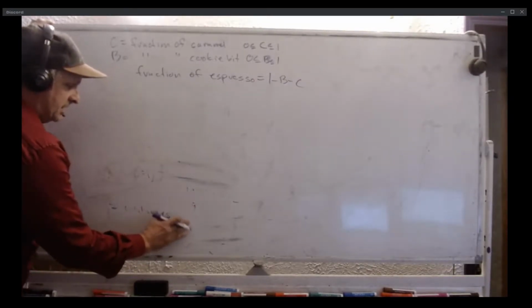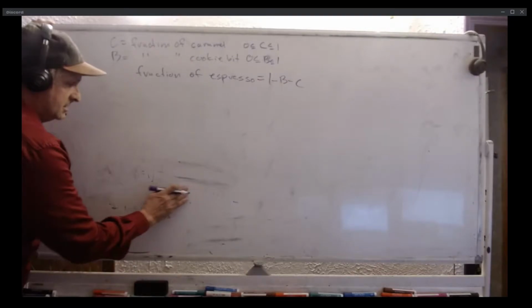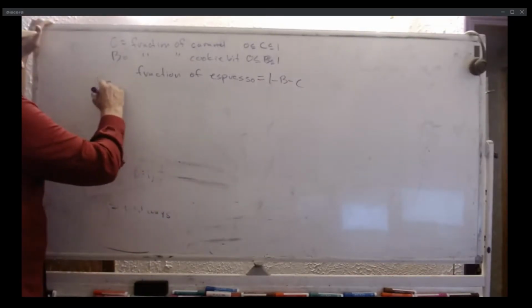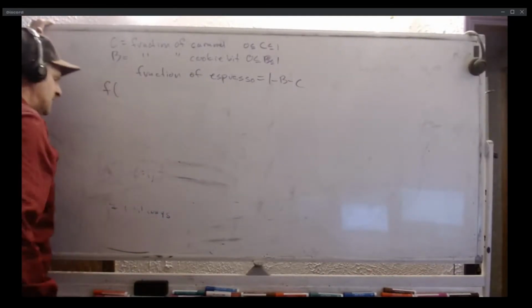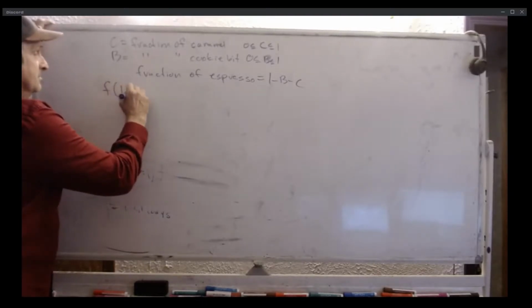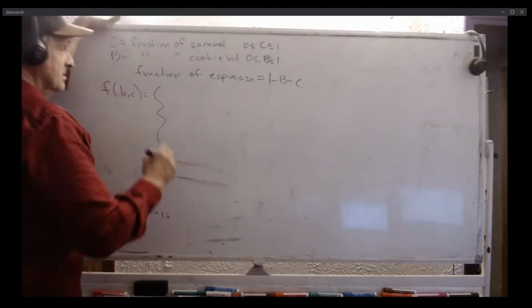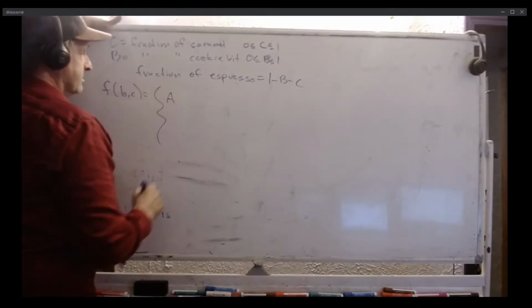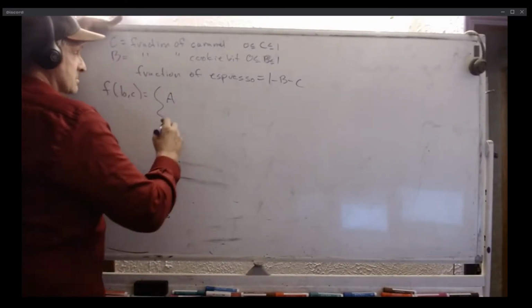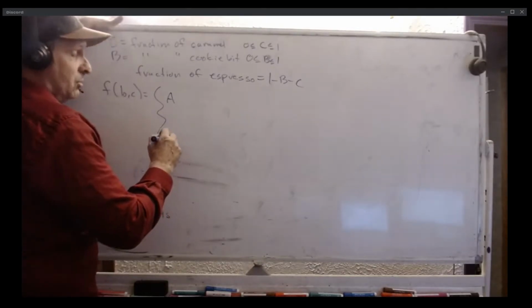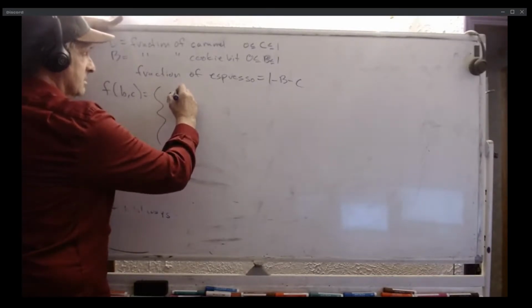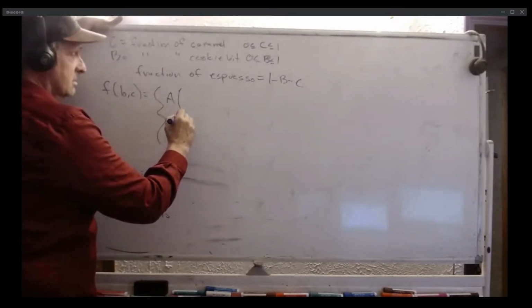We did f of x, did we not? We did f of b comma c. I'm sorry. Of course. What did we say? A is 2c plus 3b. A times the quantity, right?